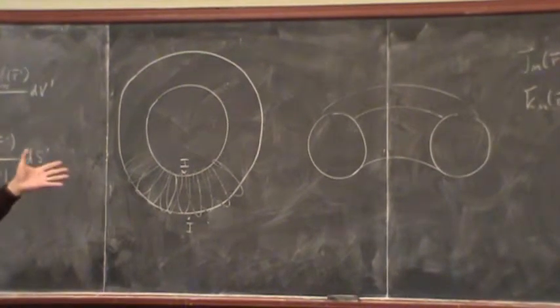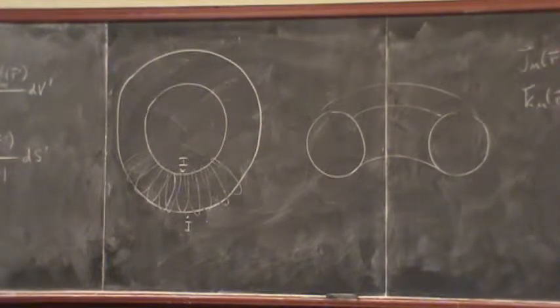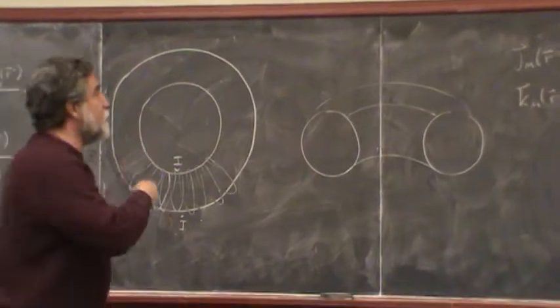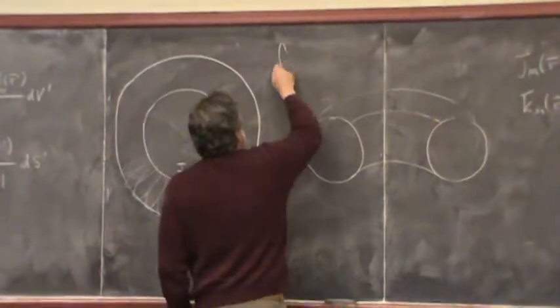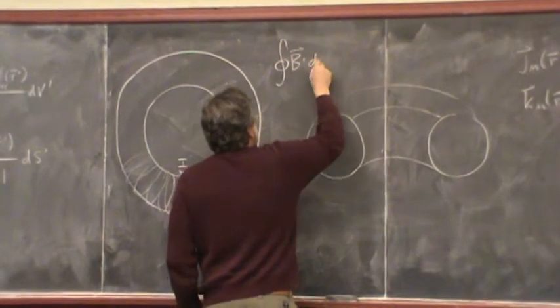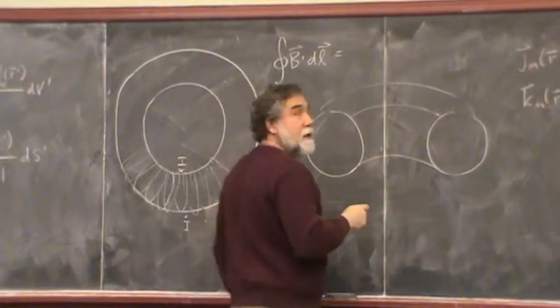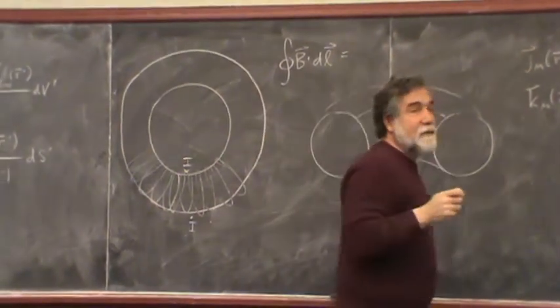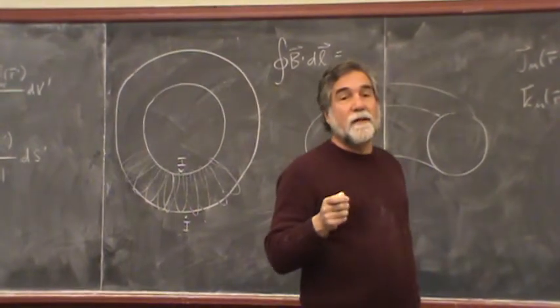In order to analyze this, I can use Ampere's law. Why would I use Ampere's law? Because I have high symmetry in the problem. I can identify a path over which the magnetic field will be constant.